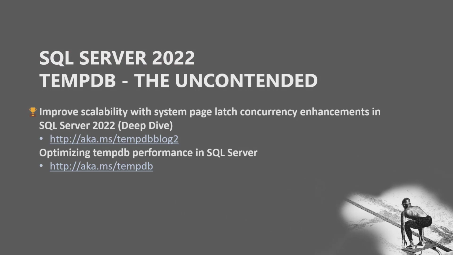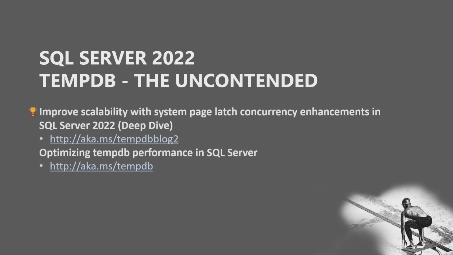The first article I have here is a blog post that reviews some of the content I have for you today. It touches on some additional references and explains why the tempdb improvements in SQL Server 2022 are so important. It is called Improved Scalability with System Page Latch Concurrency Enhancements in SQL Server 2022 Deep Dive.